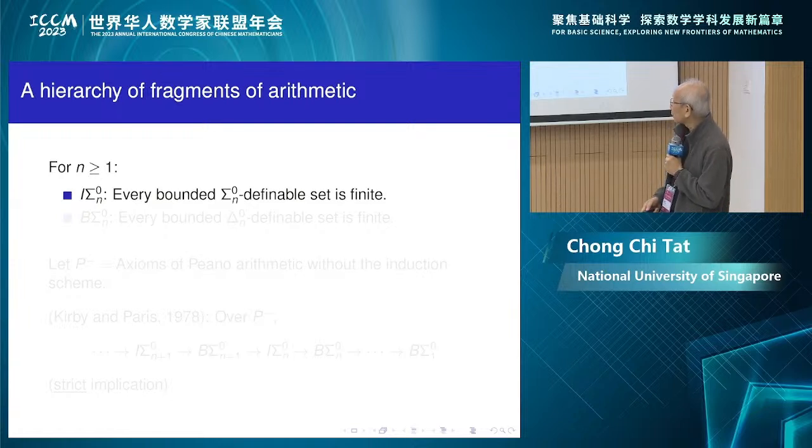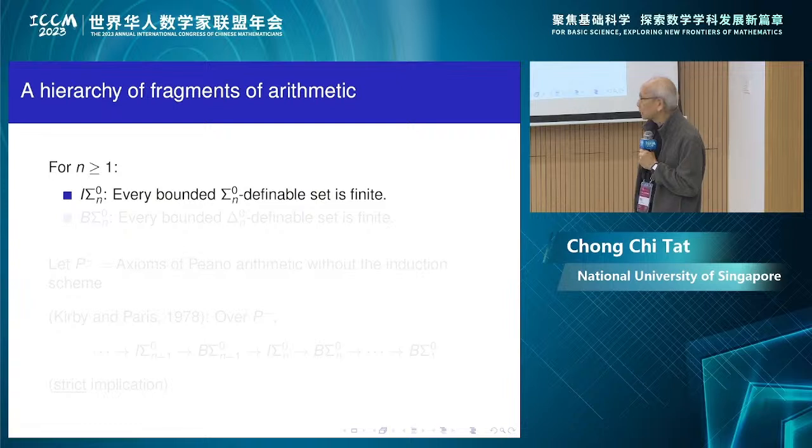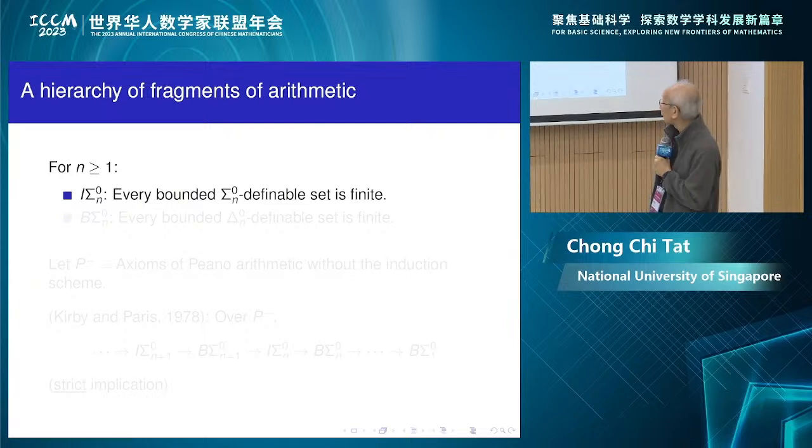Essentially, it consists of two parts. The first part, we normally denote it as P minus, as you can see later. And P minus consists of the usual laws on arithmetic operations, for example, commutativity of addition and multiplication, and distributivity, and so on and so forth. That's the P minus part.